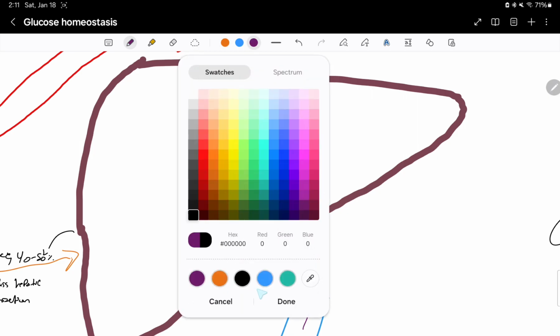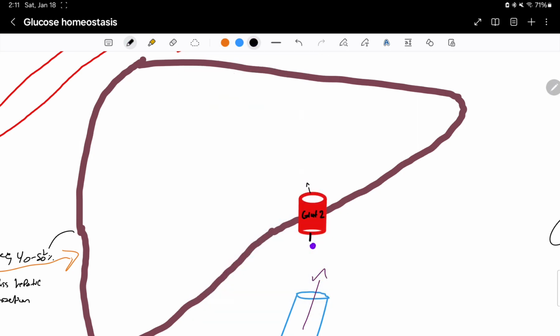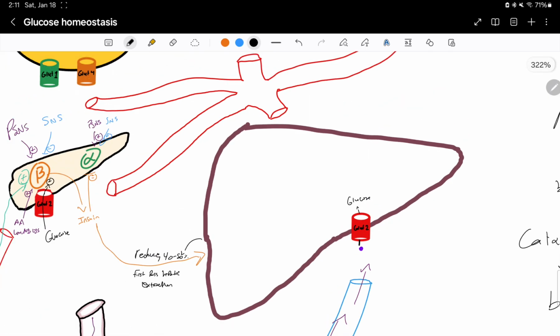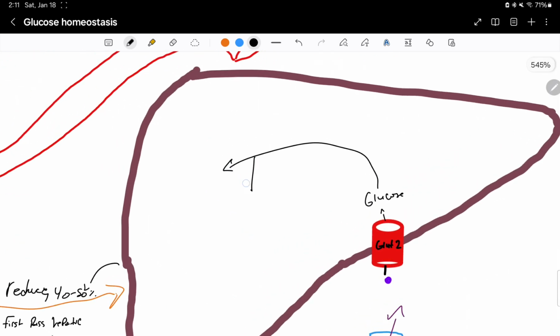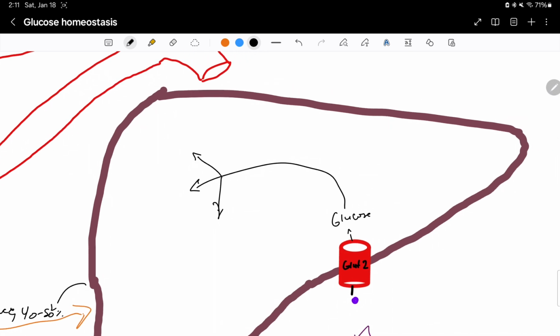Once this glucose comes in, what's going to happen? So here's the glucose, and it can go through many different routes. If you remember, I talked about this beforehand. But in this scenario, things are going to be a little bit different. It can go through something known as de novo lipid synthesis, which just means that you're taking glucose and converting it into fat in the liver.